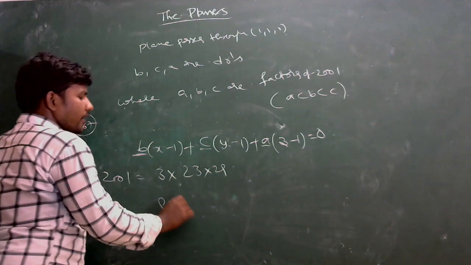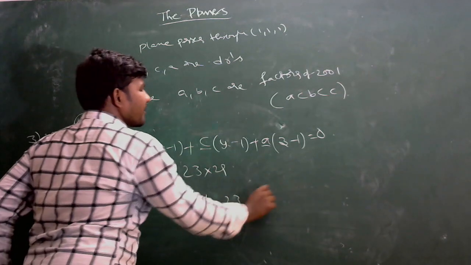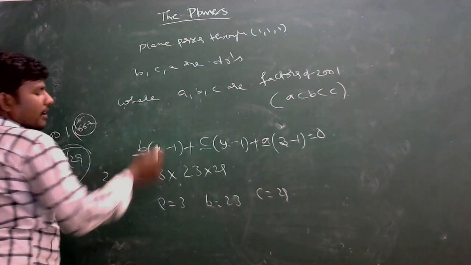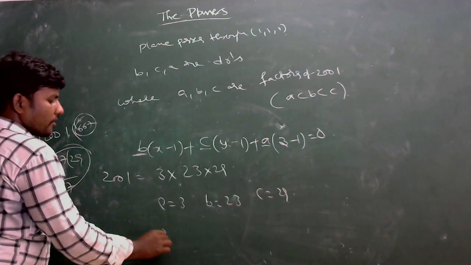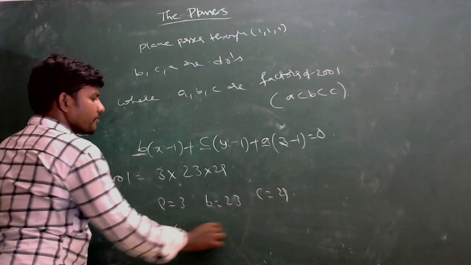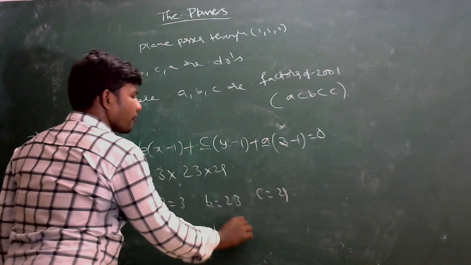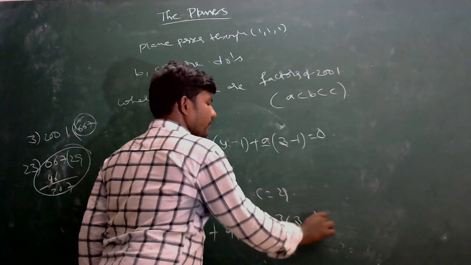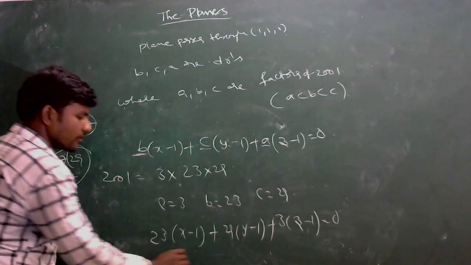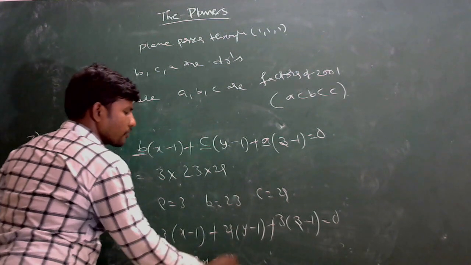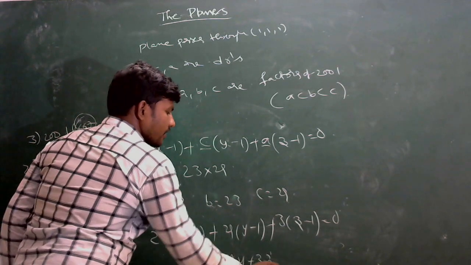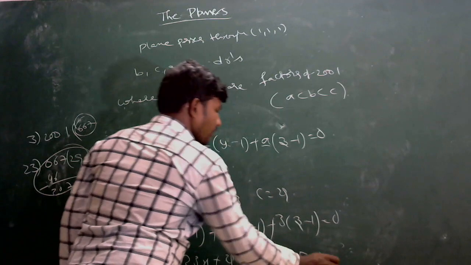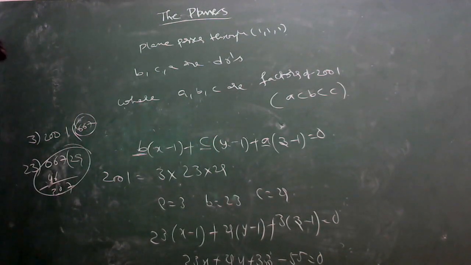Here a = 3, b = 23, c = 29. Substitute these values in the above equation: 23(x − 1) + 29(y − 1) + 3(z − 1) = 0. The equation is 23x + 29y + 3z − 55 = 0.